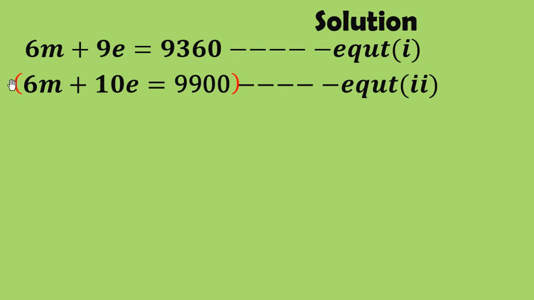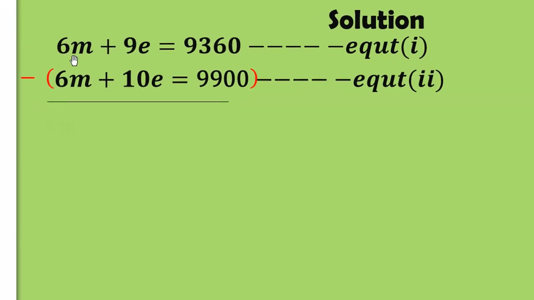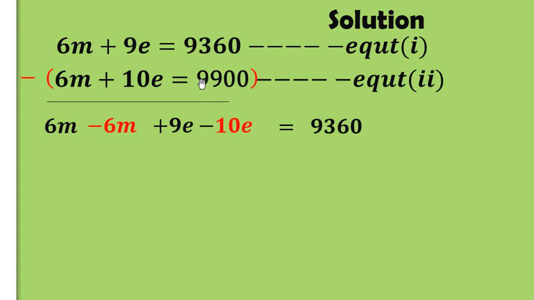So I will be having 6m minus 6m, and plus 9e minus 10e, and everything equals 9,360 minus 9,900. By the time I get rid of m, I'll be left with plus 9e minus 10e, which is minus e. 6m minus 6m becomes 0.